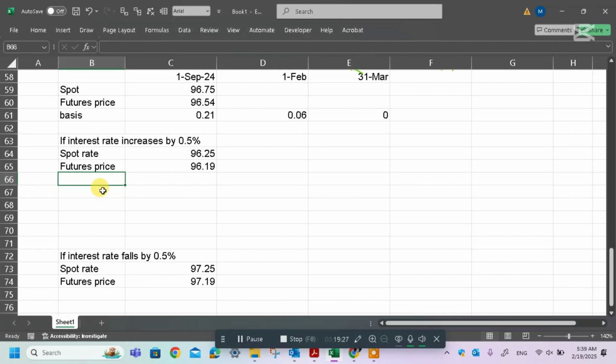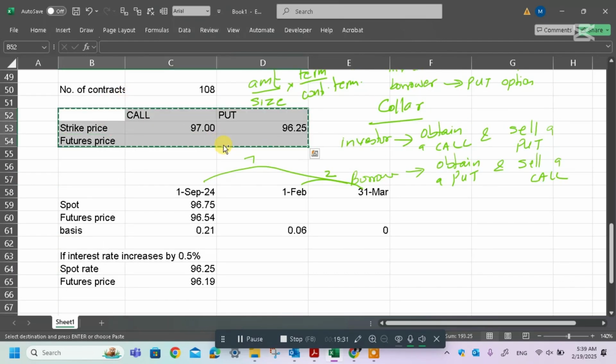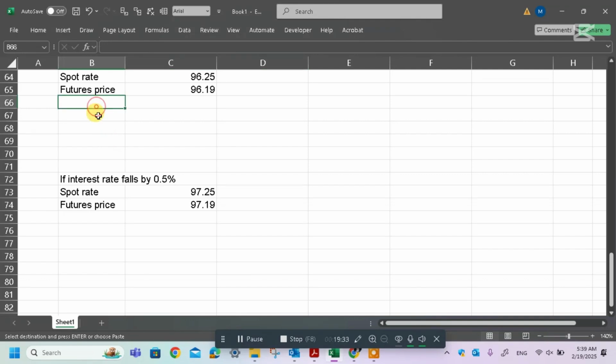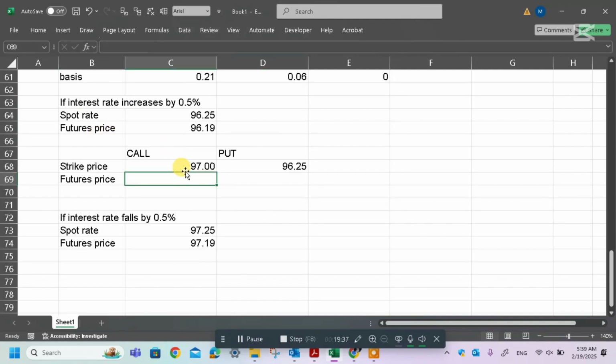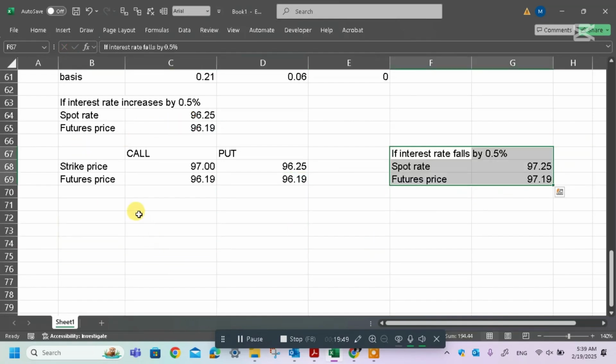Okay, in this scenario, futures price 96.19 for the call option, same here 96.19. I need to decide whether it will be exercised or not.